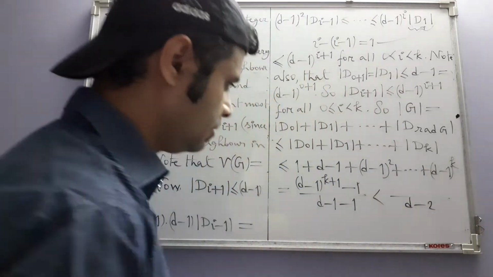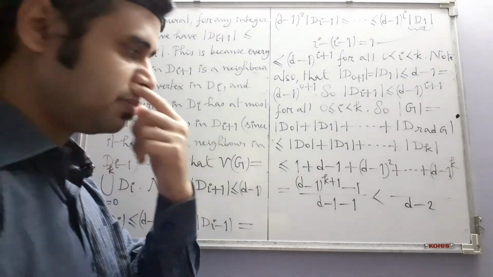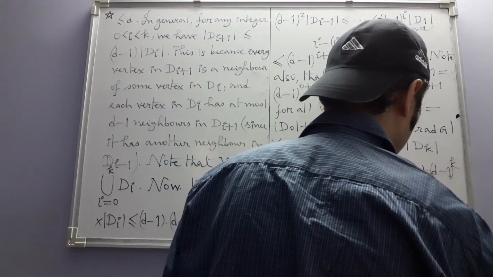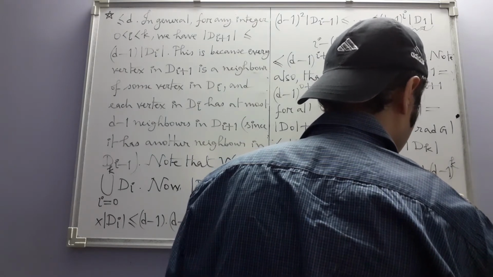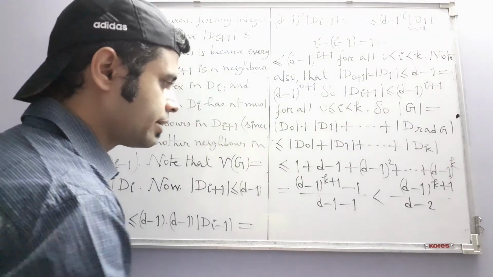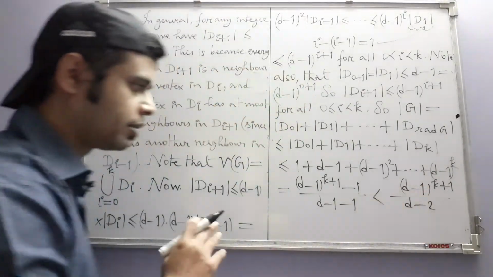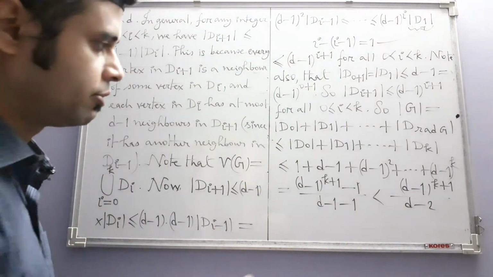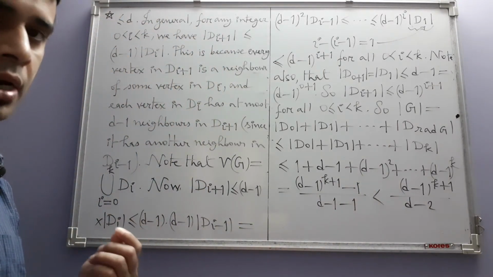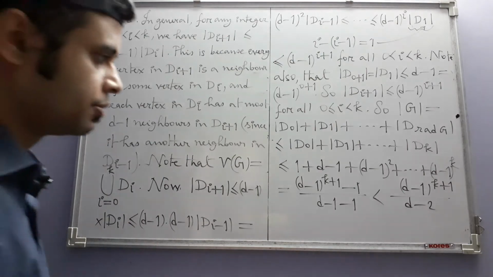Now if I don't write minus 1, then we are clearly writing more. Just like that, among the factors d minus 1, d minus 1, if we decide to write d in place of one of them, then again we are writing more.